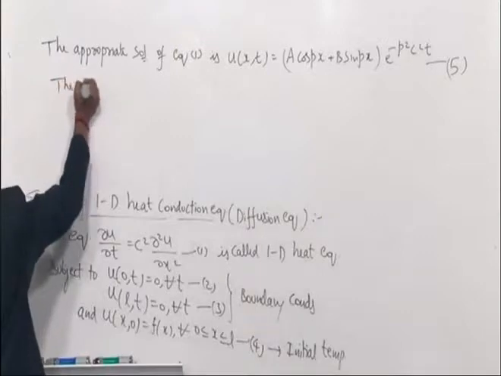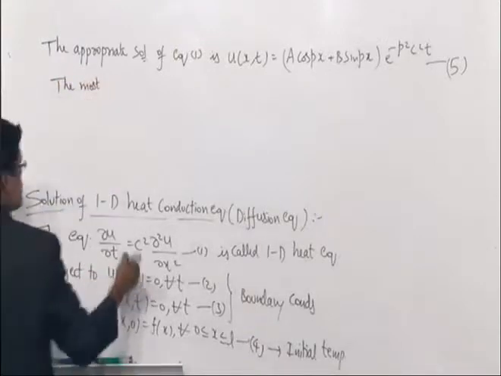Just like above, A is 0 and p is equal to n pi by L, using 2 and 3.